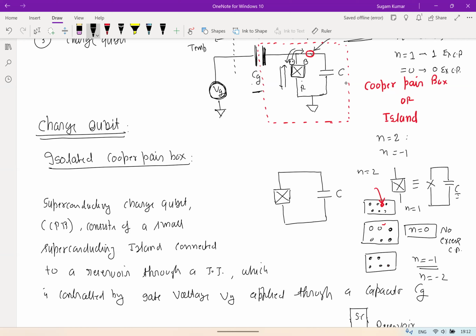So it is again like in a room, let us say there is a family and the family members are, let us say, 6. So this is the normal situation. And if I introduce one more member into the family, then you will say one excess person has come in, correct?